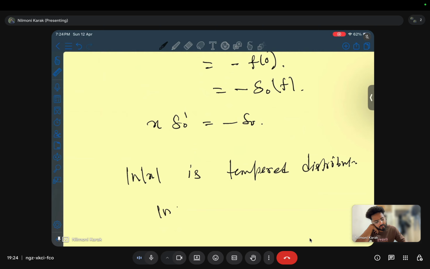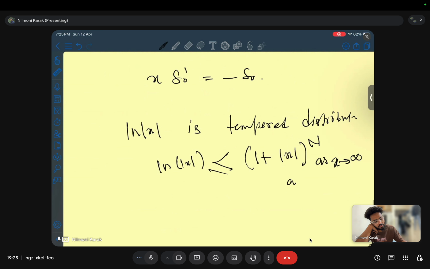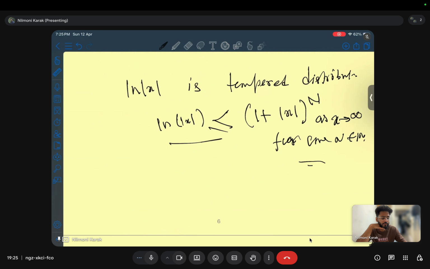Because you can bound it by 1 plus mod x to the power n for some natural number n. So this is a tempered distribution.